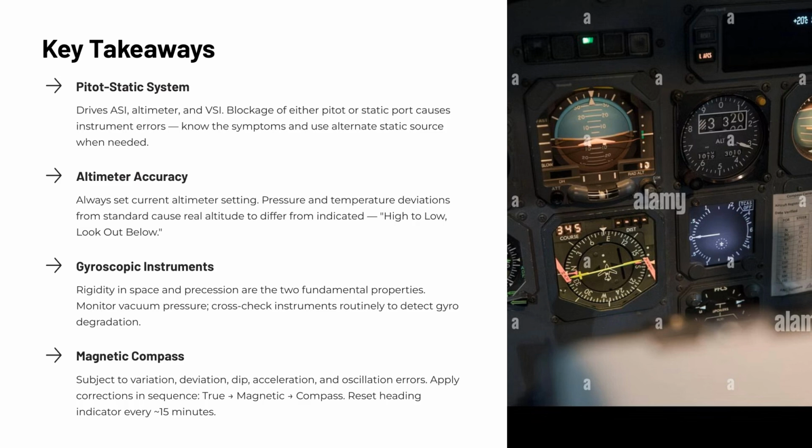Finally, the magnetic compass is reliable but subject to multiple errors: variation, deviation, dip, and acceleration and oscillation errors. Always apply corrections in the proper sequence from true to magnetic to compass heading, and reset your heading indicator against the compass approximately every 15 minutes. These fundamentals form the foundation of safe and accurate instrument interpretation.